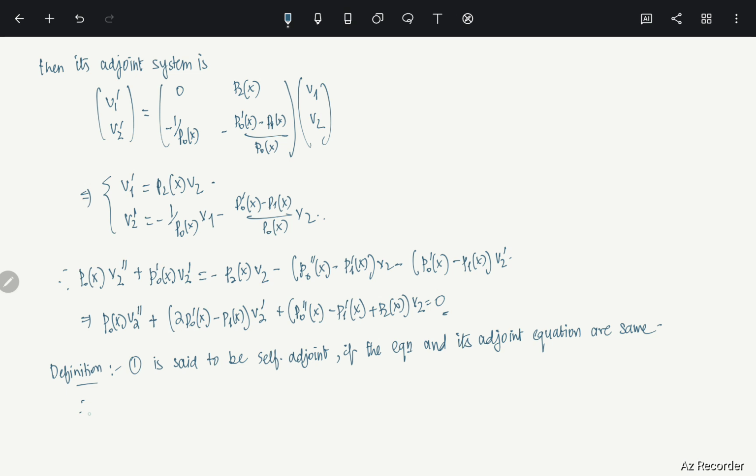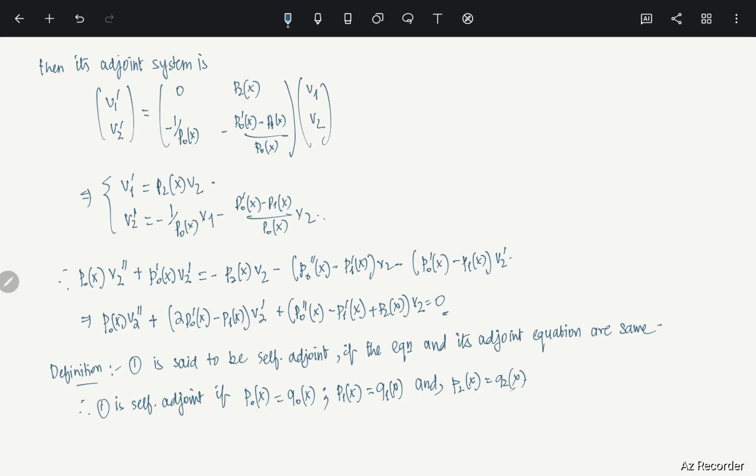What is the relation? Therefore, 1 is self-adjoint if P naught of x equals Q naught of x, and the other expressions, P1 of x has to be equal to Q1 of x, and P2 of x equals Q2 of x.